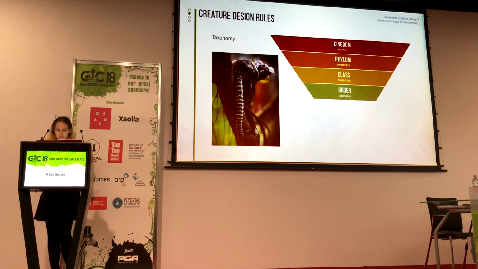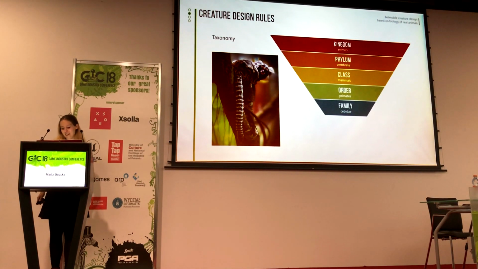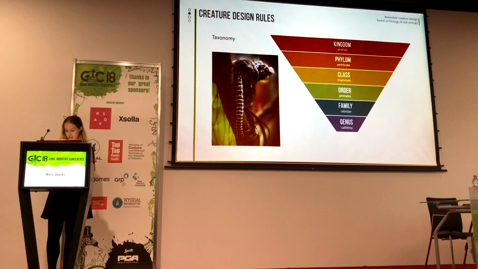For this one it is the primates, and it's another smaller group depending on specific features. Another one is family, and for this marmoset it is Cebidae, which means there are marmosets, squirrel monkeys, and relatives. And another one is genus, and for this it is Callithrix, and of course at the end there's the species, which is the common marmoset.